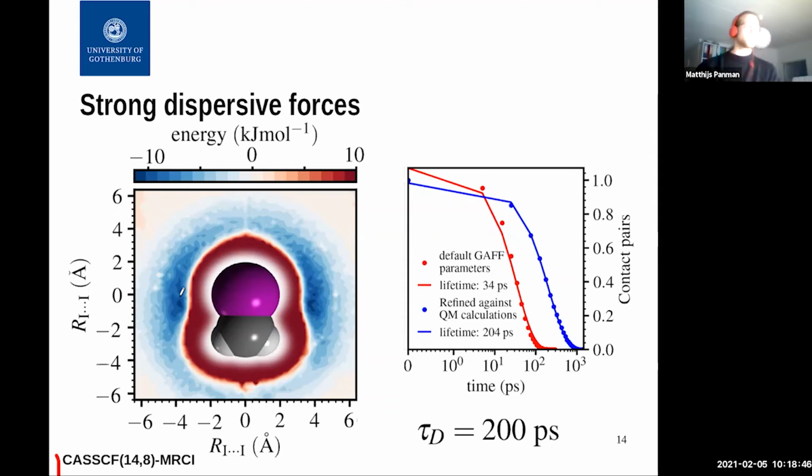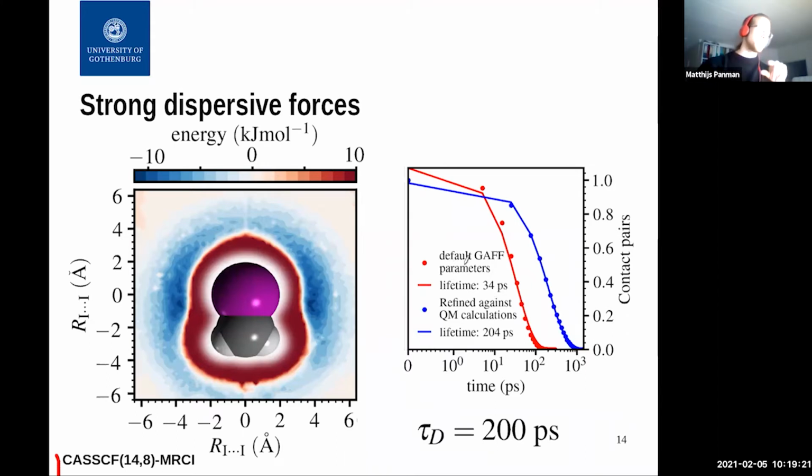But is this sufficient to keep these fragments together for 2.8 nanoseconds at least, or at least a nanosecond from our data? So in order to explore this, we ran two different MD simulations to estimate the fragment contact lifetime. With a regular GAFF potential, we find a contact lifetime of 30 picoseconds.